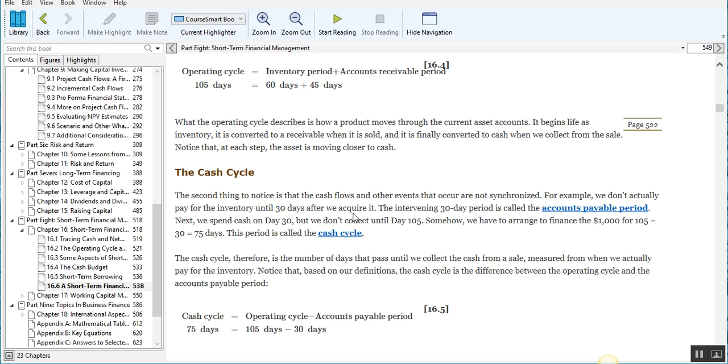Then we want to talk about what the cash cycle is. So the cash cycle is part of that. It's not that, but it comes into play with that. When we're talking about the cash cycle, we have to figure out what time we need to arrange the financing for, the period between when we expect to collect the cash and when we have to pay for the payables.